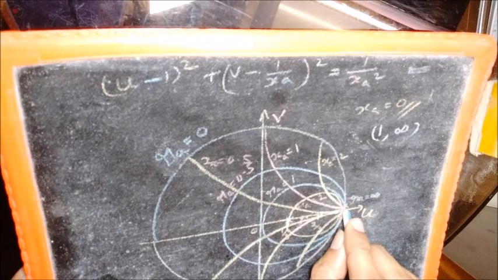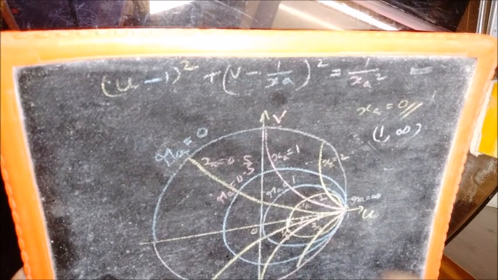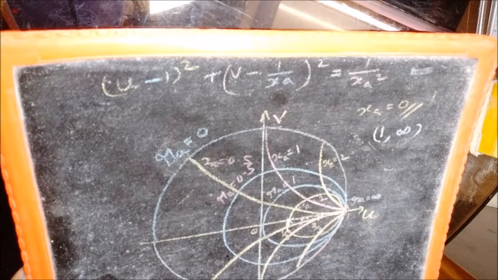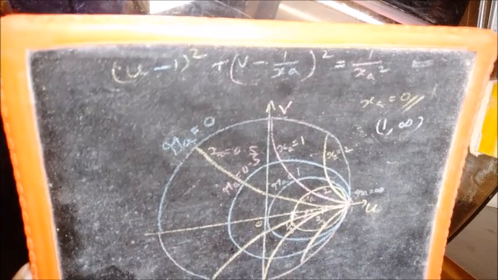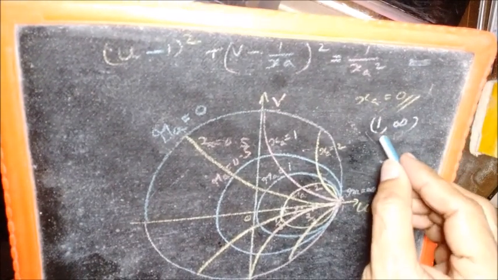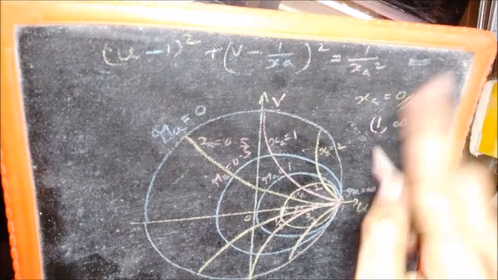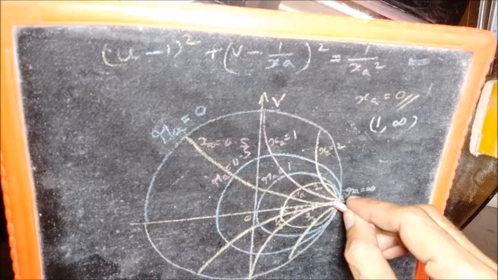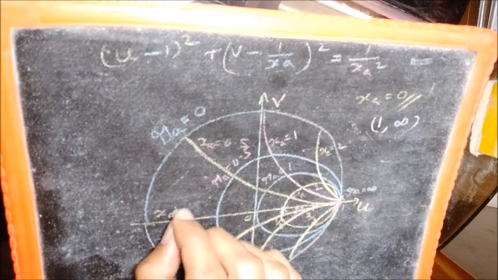And for negative values, that means XA becoming very small on the negative side, the origin shifts to the negative side of the V axis. So if XA is 0, you will have center at 1, infinity, at the top, and radius is also infinity. That is nothing but this axis. So this is XA equal to 0.